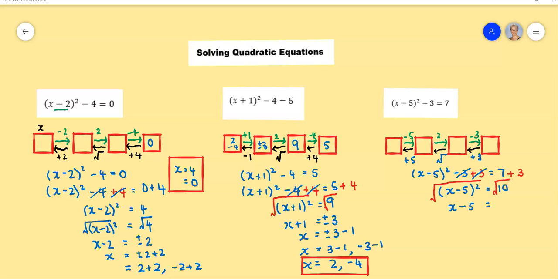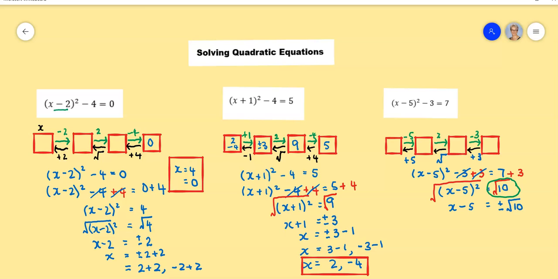But we're going to work with exact answers here. And when we work with exact answers, we keep our answer in what we call surd form. Surd form means that I'm going to keep my answer in terms of the square root. So my answer here is going to be the positive and negative square root of 10.